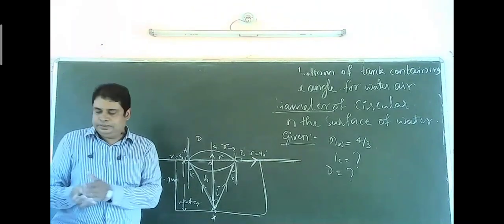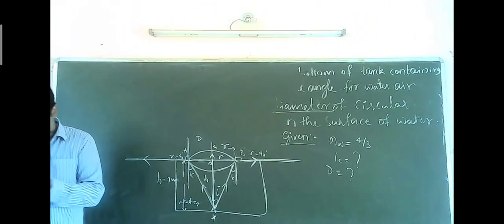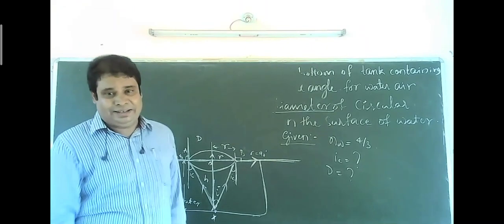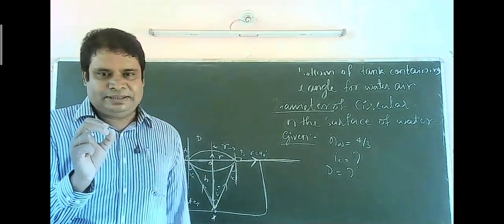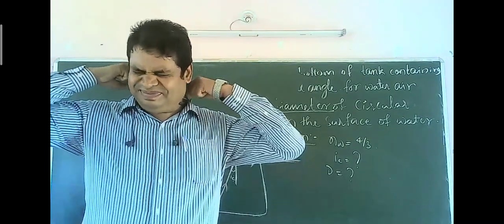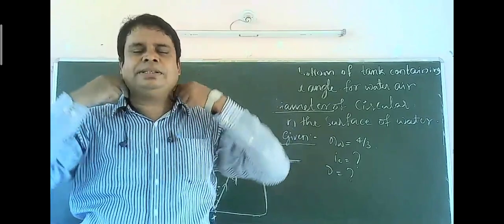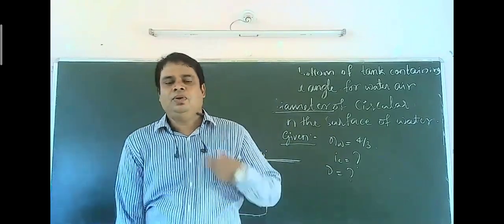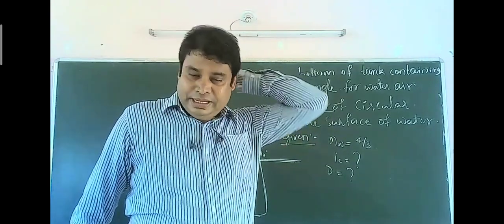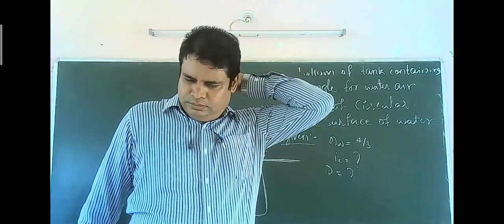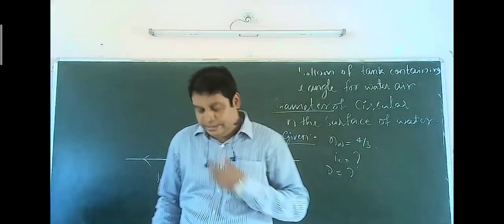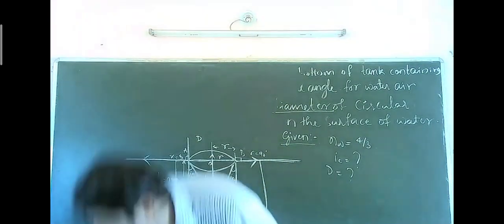First, you are asked to calculate the critical angle. When a luminous object is placed in a denser medium and rays are allowed to pass from the denser medium to the rarer medium, what is the relation between critical angle and refractive index?